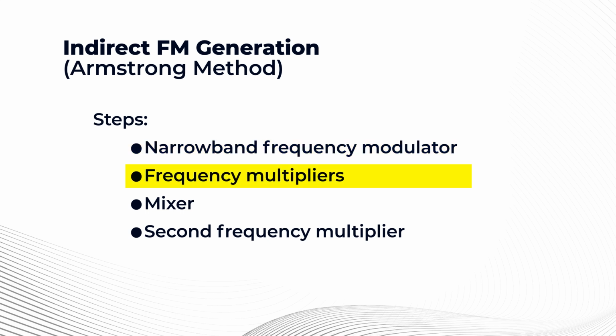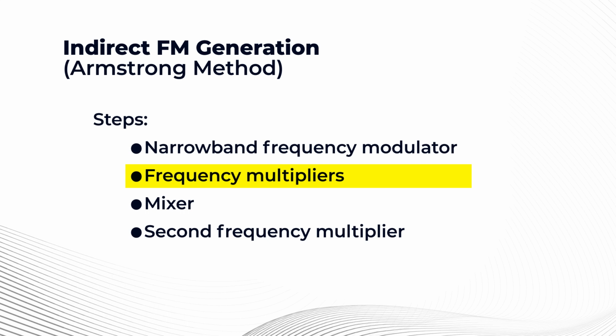Now, the second component in the indirect process is the frequency multiplier. Once we have the narrowband FM signal, the next step is to pass it through a frequency multiplier. A frequency multiplier is a circuit that increases the frequency of the input signal by a specific factor, say n. The primary function of the frequency multiplier is to increase the frequency deviation of the narrowband FM signal.